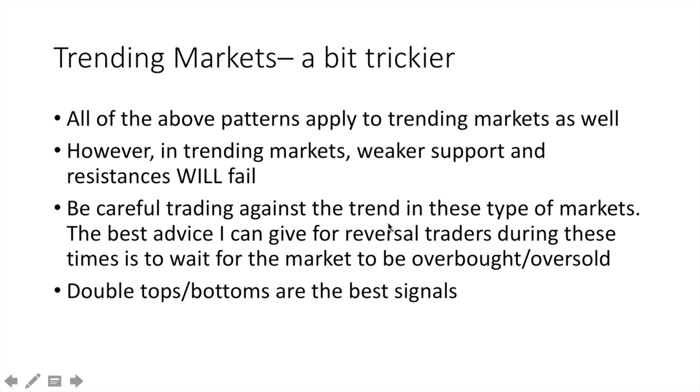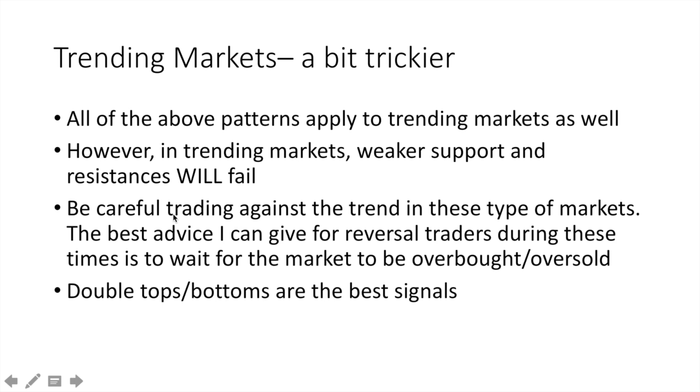And now I'm going to go into the second big part, which is trending markets, right? Like I said earlier, in trending markets, weaker support and resistances are going to fail. If every support and resistance was respected equally, the market wouldn't move, right? In order for a market to trend, it's going to have to break support and resistances.